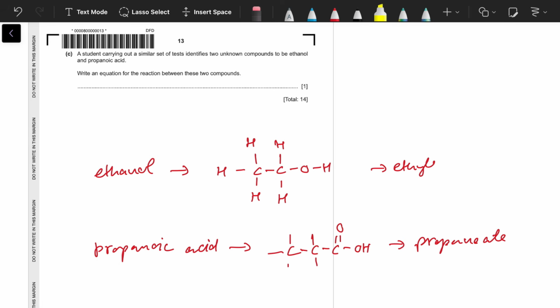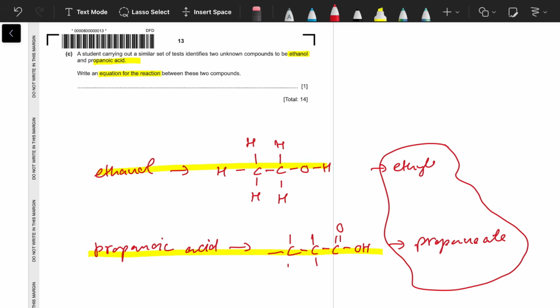Lastly, it states that a student carrying out a similar set of tests identifies 2 unknown compounds to be ethanol and propanoic acid. Write an equation for the reaction between these two. Ethanol is as follows, propanoic acid is as follows. When they react together, they form ethyl propanoate, an ester, plus water. So we just need to write their formulas in a condensed form.